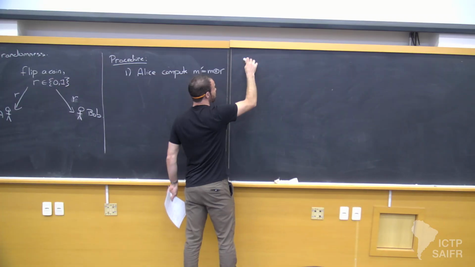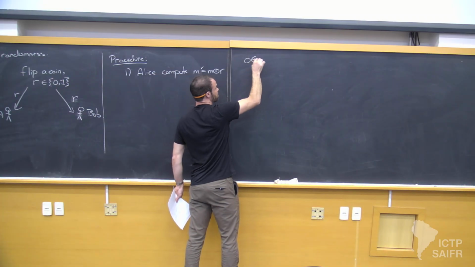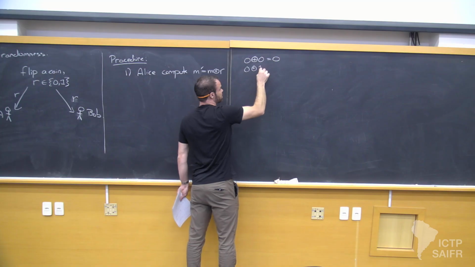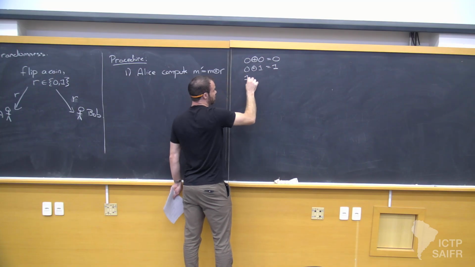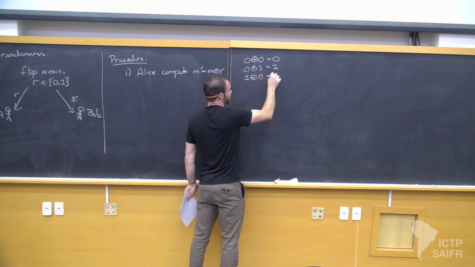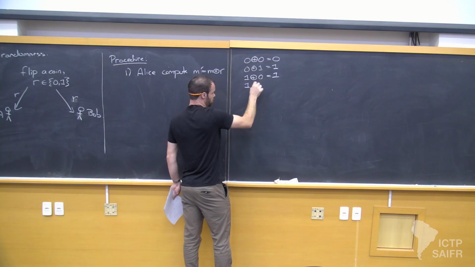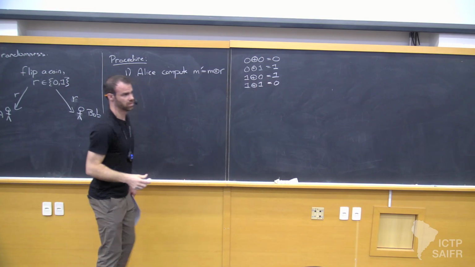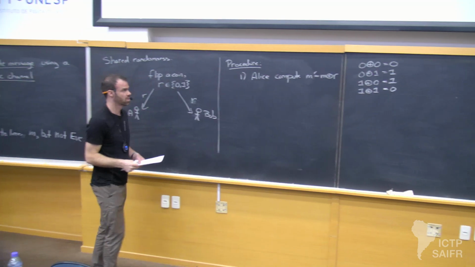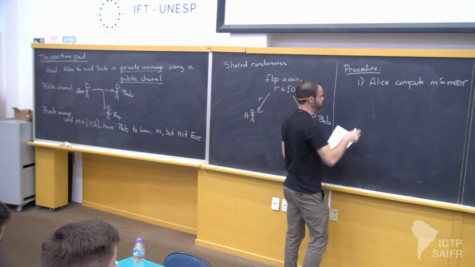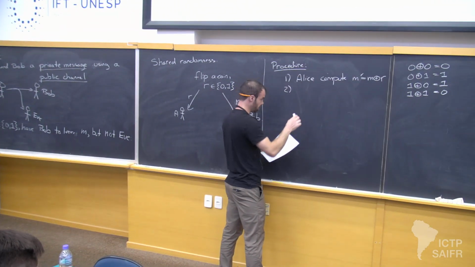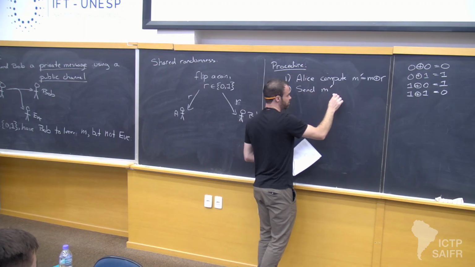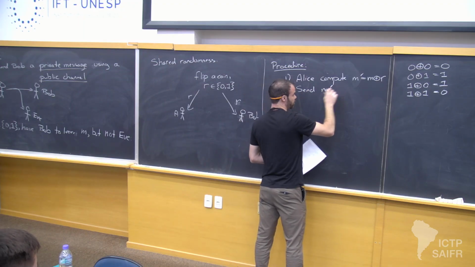What this symbol means is that if I go 0 plus 0, I get 0. If I get 0 plus 1, I get 1. If I get 1 plus 0, I get 1. And if I get 1 plus 1, that's 0 again. Right? Okay, so Alice is going to compute that, and then she's going to send M prime over the public channel.